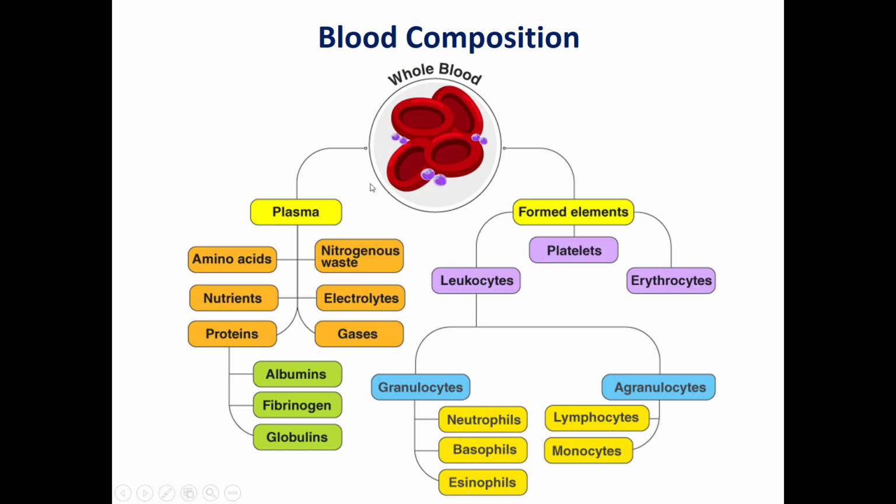We have also other machines to study the different parts of the plasma. For example, we have the electrolyte analyzer to study the electrolytes. We have also the blood gas analyzer to study the gases. We have the chemistry analyzer to study the different chemistry constituents inside the plasma.